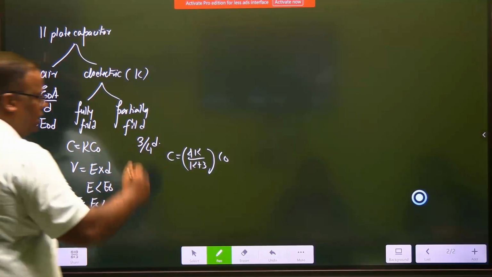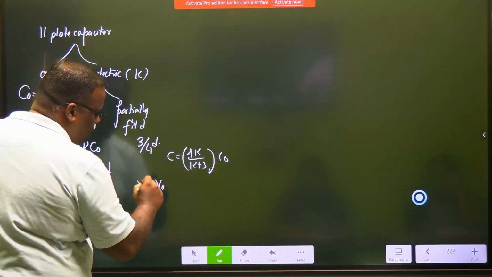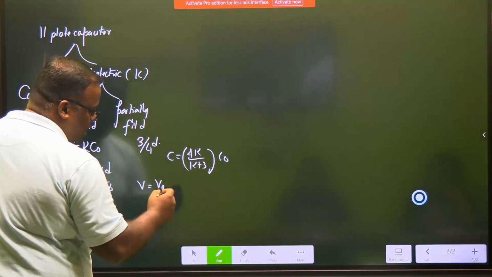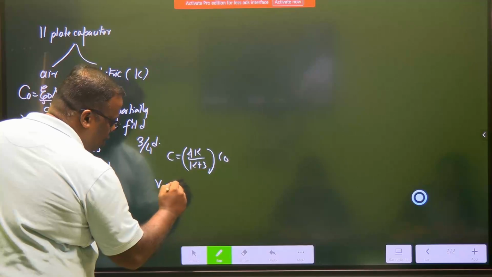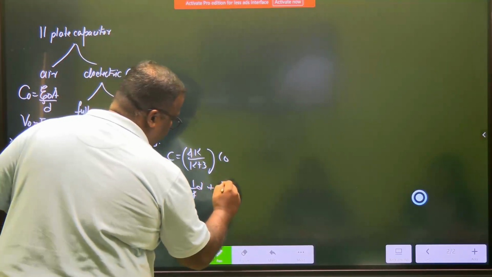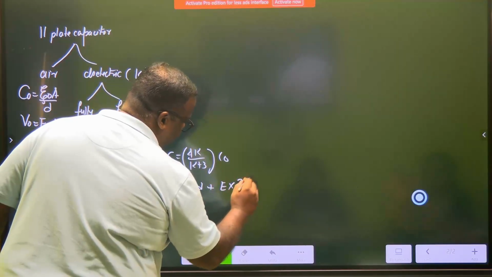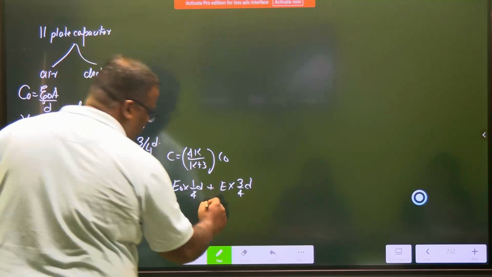In this case, there is a combo deal. We will have a voltage. The voltage V will be E naught applicable for 1/4 of D, and E applicable for the remaining part. Then you just substitute this.